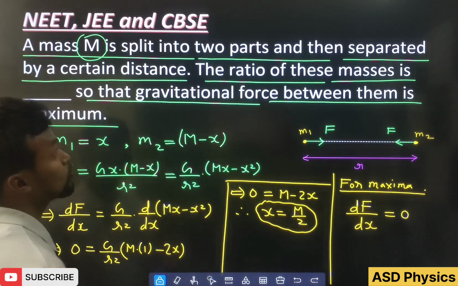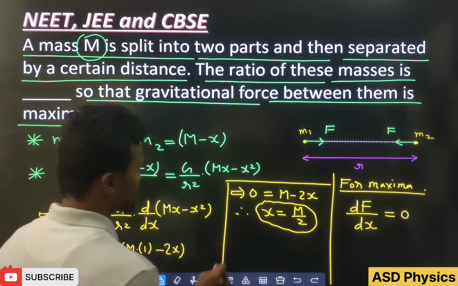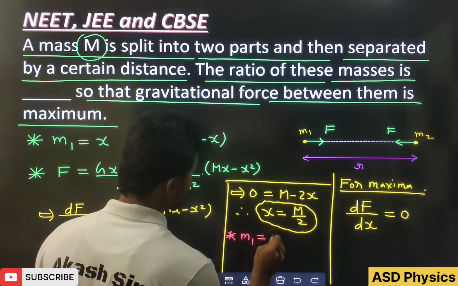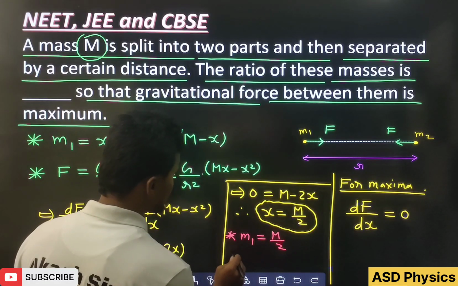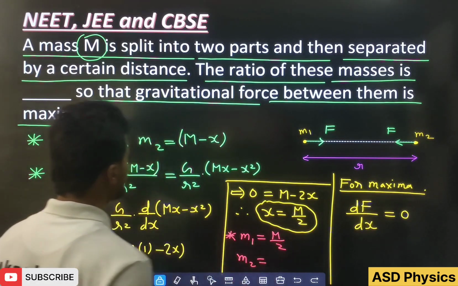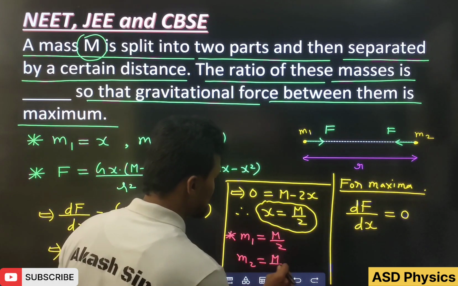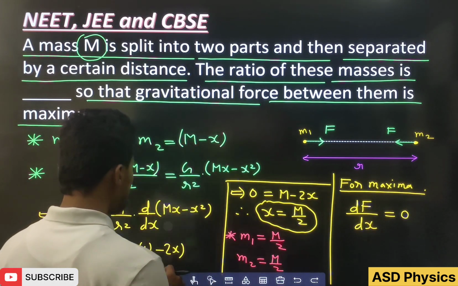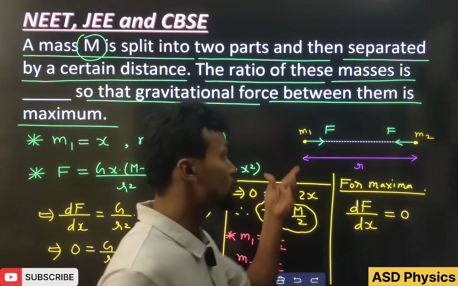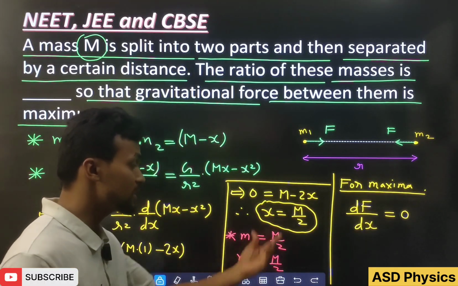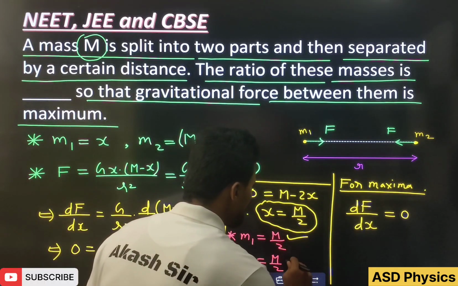And in the question, they are asking for the ratio. But first we'll find the individual masses. The first mass is x, that means M by 2. The second mass M2 is M minus x, that means M minus M by 2, again M by 2. That means the gravitational force between two masses will be maximum when they are split in such a way that their masses are the same, M by 2 and M by 2.